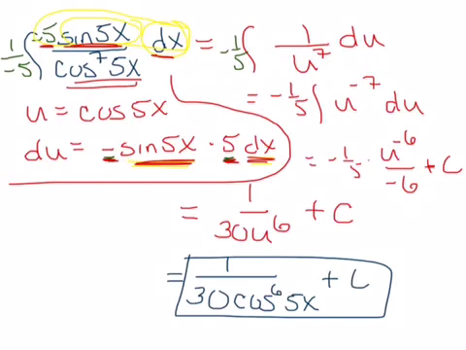I'd like to point out in this problem another way to figure out what your choice of u is going to be, because truly when these problems get more difficult, figuring out what u is probably the most difficult step. And you're going to experience lots of times where you try a u and it doesn't work.